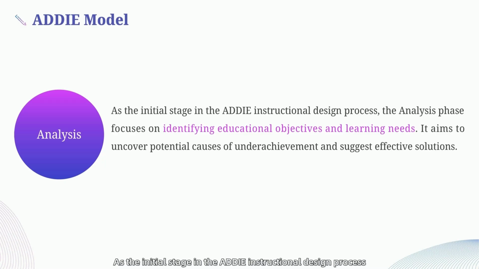As the initial stage in the ADDIE instructional design process, the analysis phase focuses on identifying educational objectives and learning needs. It aims to uncover potential causes of underachievement and suggest effective solutions.